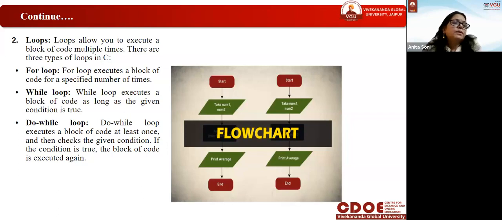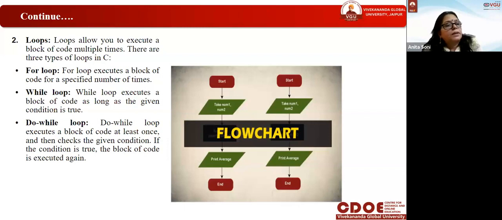C permits three types of loop. One is the for loop, another is the while loop, and the third is do while. What is the difference? Why do we use three kinds of loop statements? See, for a looping statement, you need three types of instruction. One is the beginning of the loop, where the loop starts.